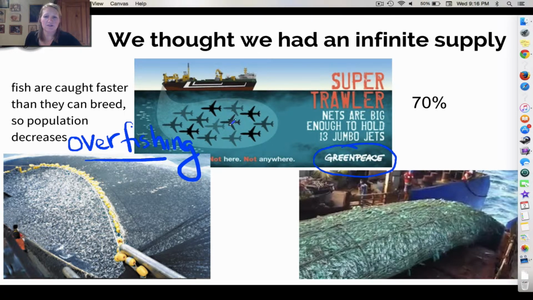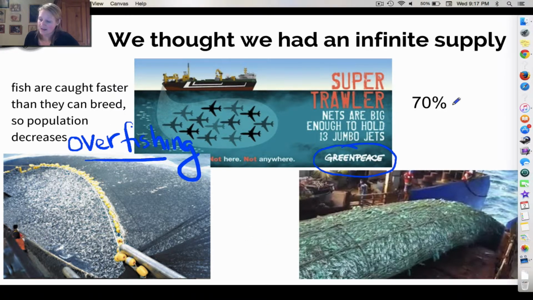I thought that this was interesting, though I don't know how skewed this is. I haven't checked, but the idea is that 13 jumbo jets, the planes that we use to fly across the country, can fit in just one of these nets. Clearly, as technology has advanced and as humans have figured out bigger and better ways to fish, we are starting to overfish the oceans.